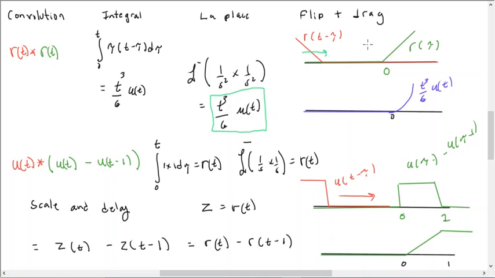And so this overlap, that area multiplied, keeps increasing. And again, these two inputs never go back to 0. So when you're multiplying them, the area just keeps increasing and increasing. In this case, it's t cubed divided by 6.